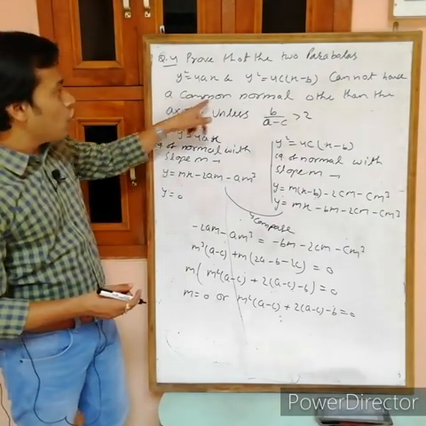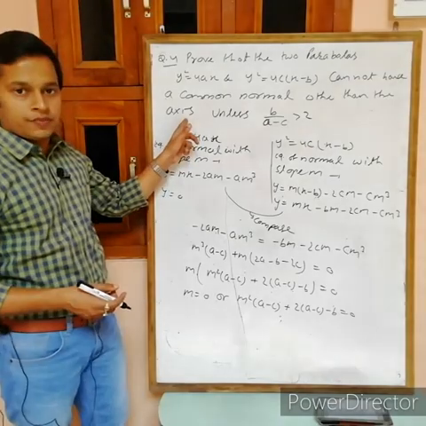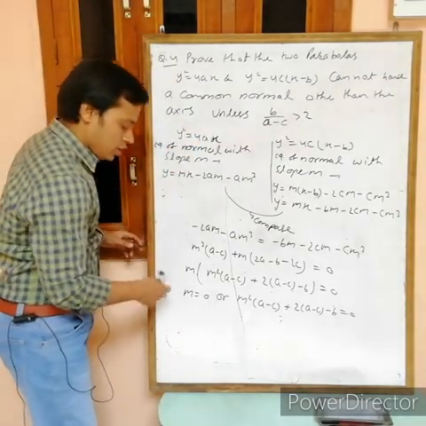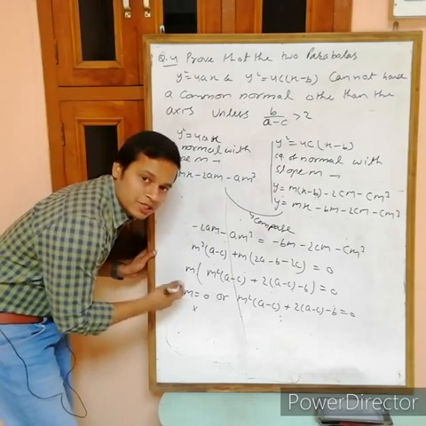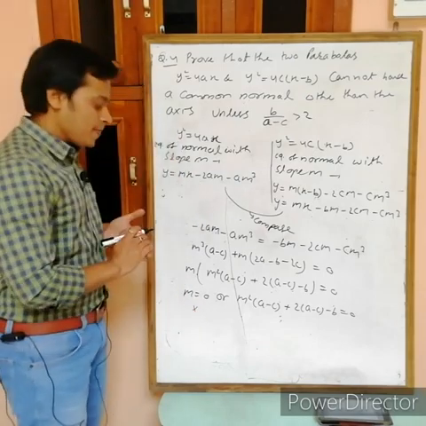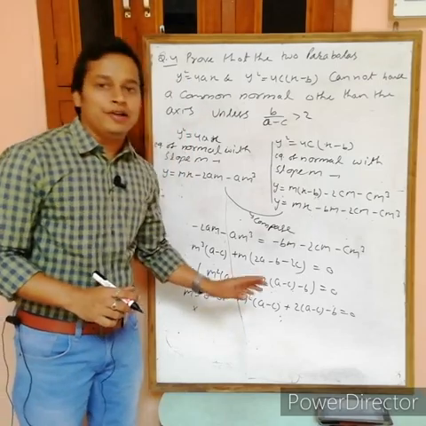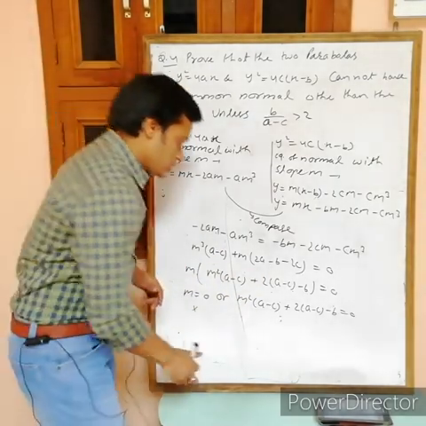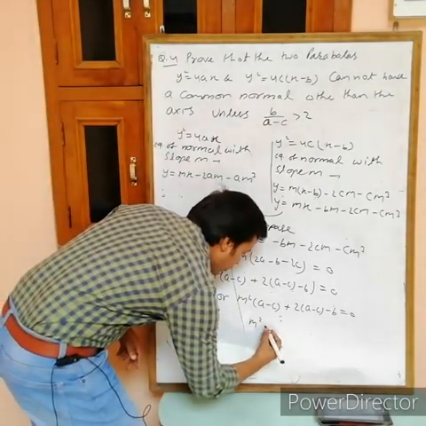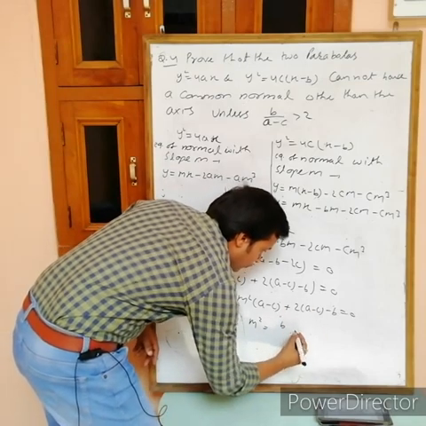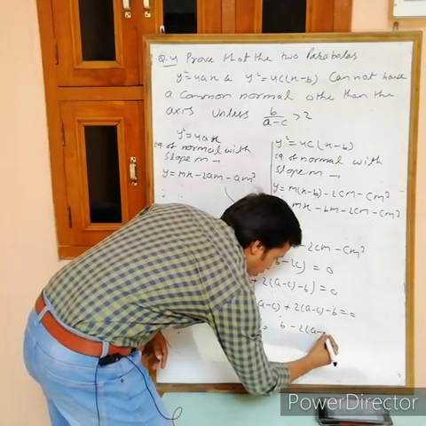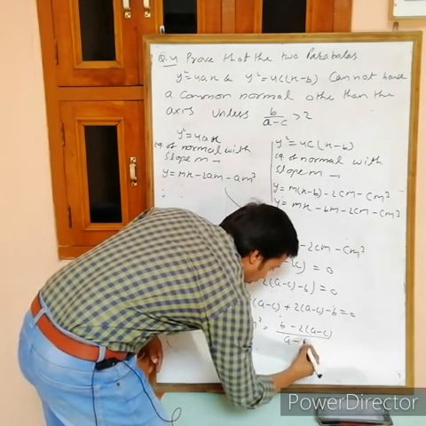But we want a common normal other than the axis, so there is no need to take this one because this is for the axis. It means from this one we want the value of m. So there is m square. If you find the value of m square, then it is (b minus 2a plus 2c) by (a minus c).